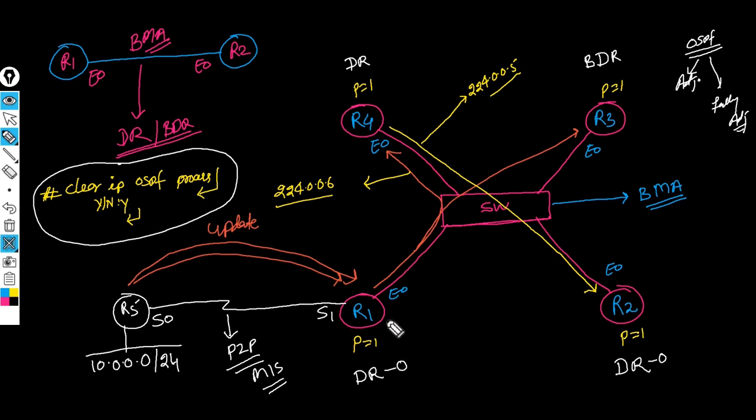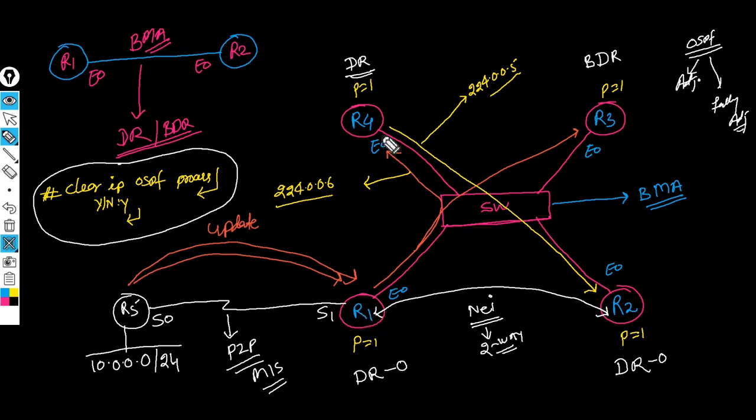For example, do you think router 1 and router 2 will exchange updates together? Who is responsible for updating this route in R2 in this scenario? Your DR router, correct? So right now R1 and R2 are both just neighbors. They will be stuck in the two-way state. They will not exchange updates.